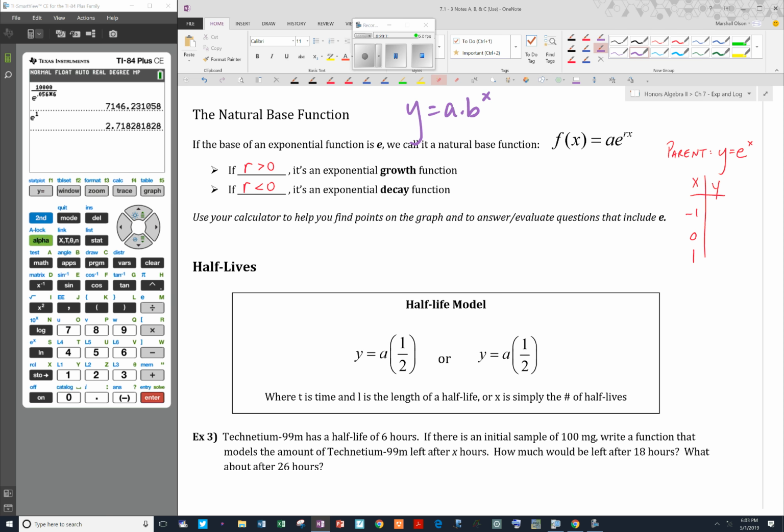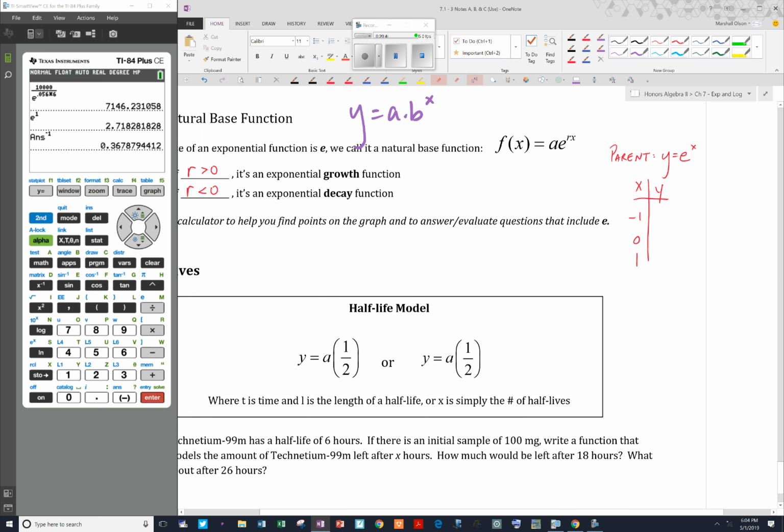Just hit this button. It'll find the reciprocal of that last answer, which is e, and it's going to be about 0.3678. So that's what that base ends up becoming if r is a negative value. In other words, if r is negative, then we have an exponential decay function.